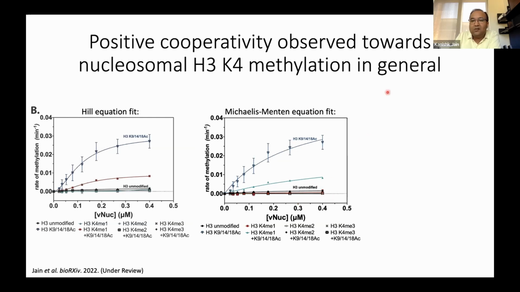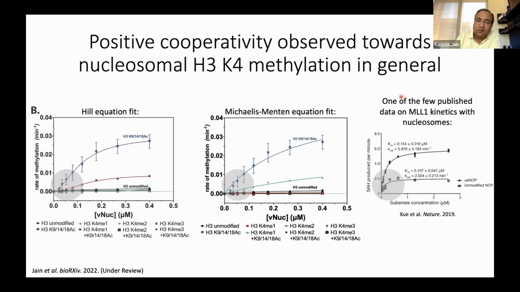And there's very few studies in literature right now that are looking at the enzymology of K4 methylation on nucleosomes, but the ones that I have seen so far, such as this structure paper that came out in 2019, looking at H2B ubiquitination and MLL1 activity, they fit this unmodified nucleosome core particle to the Michaelis-Menten equation, but one can see that the fit is not great, right?